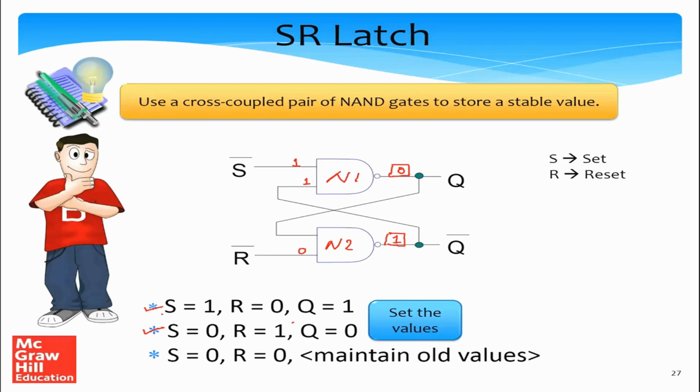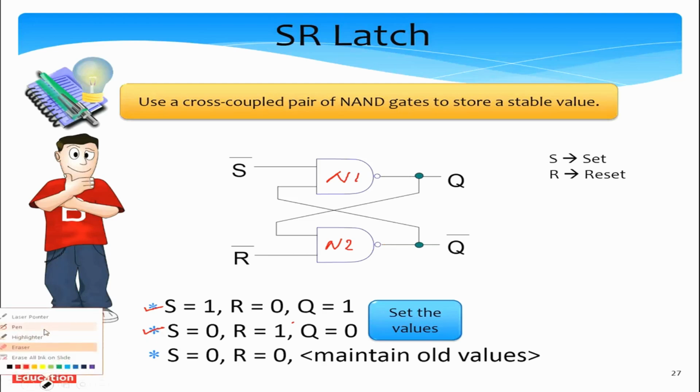Alright. So now let's take a look at the rest of the two combinations. So the rest of the two combinations are like this. Let me again erase the ink on this slide. Alright. Let's assume that S is 0 and R is 0.